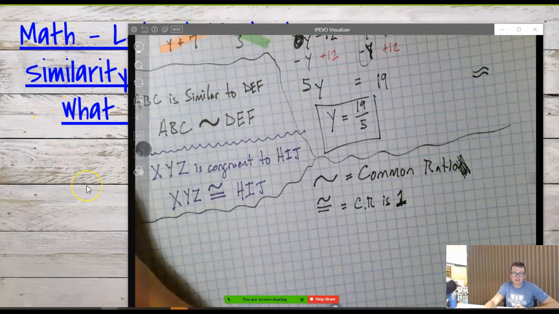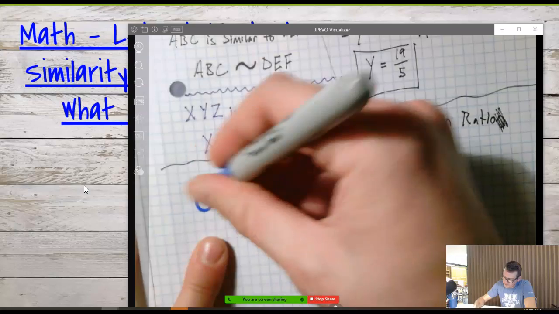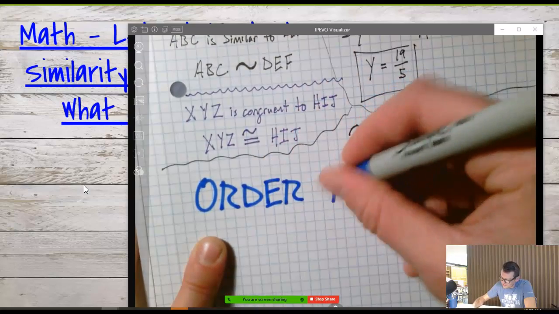So, now that we know our symbols, here's the funny thing. Khan Academy doesn't seem to use those very much. But if you are told this shape is similar to this shape, or this shape is congruent to this shape, guys, I'm going to switch back to a Sharpie for this, a big fat Sharpie. This needs to be in your notes.